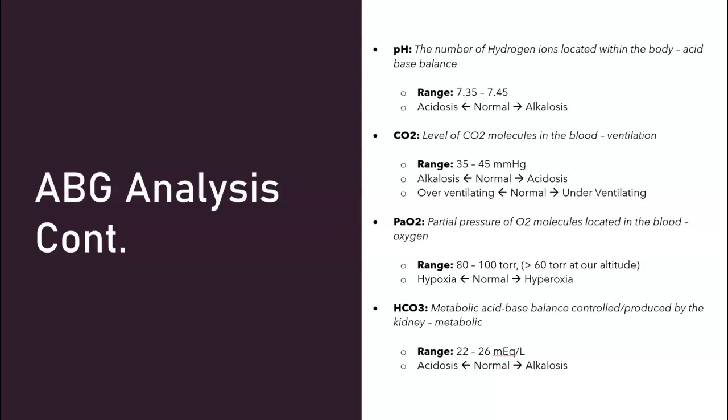So quite frankly, I am happy with anything above 60 for my PaO2s because I'm at a high altitude and my barometric pressure is quite a bit less. And someone that's lived in Utah their entire life has acclimated and is used to that. That's normal for them to have a slightly lower PaO2.